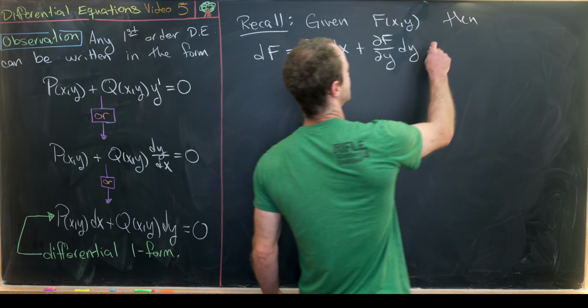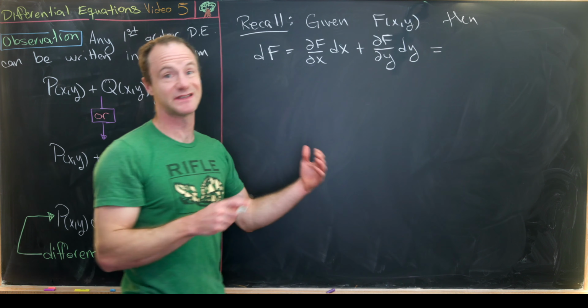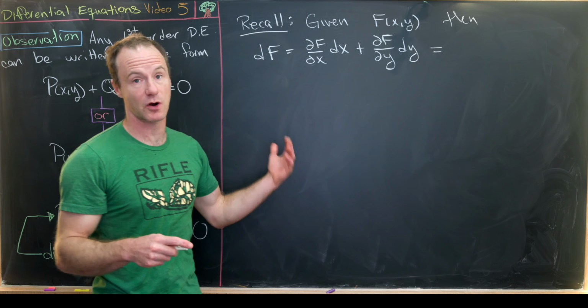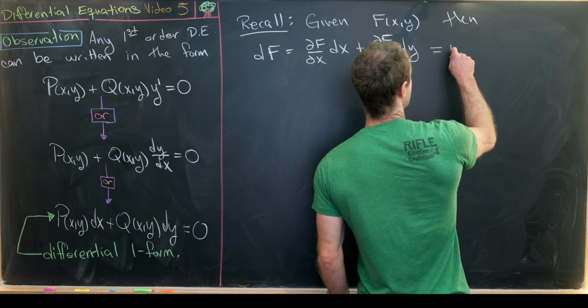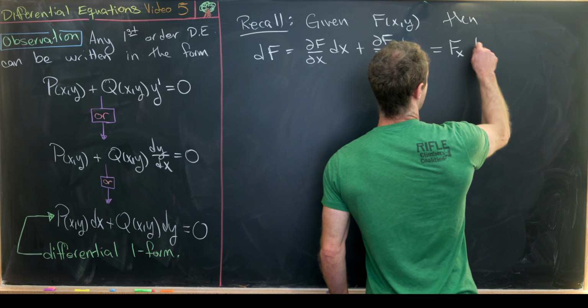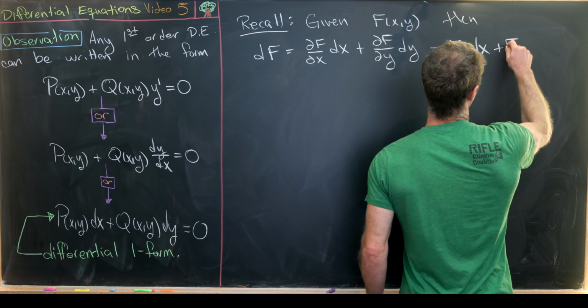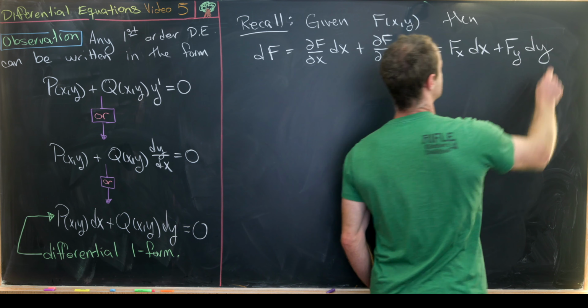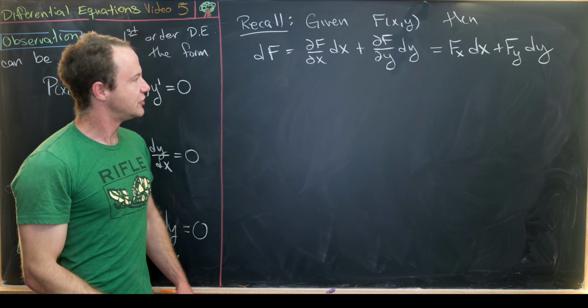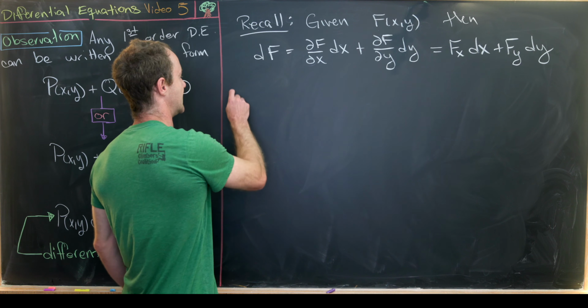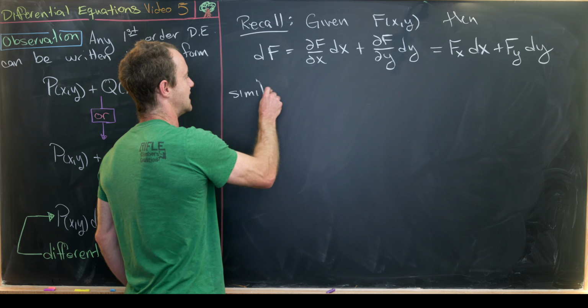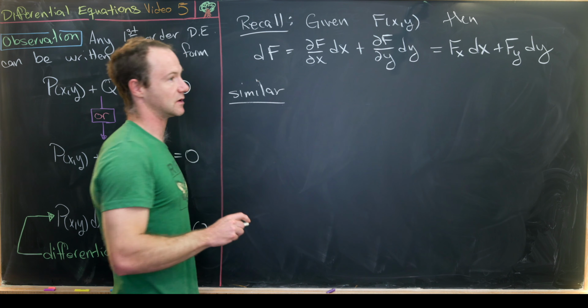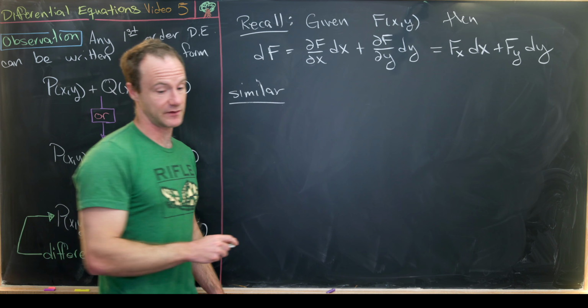I'd also like to recall that we have some simplified notation for these partials with respect to x and y, and that would be f sub x dx plus f sub y dy. Now you can also think about this as running in parallel or similar to the gradient of a function.